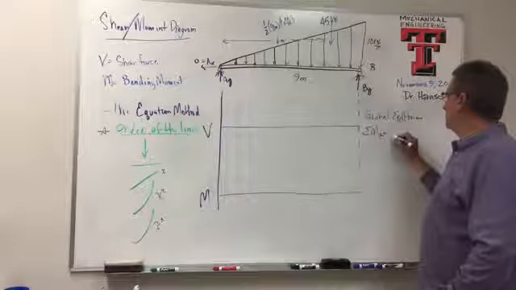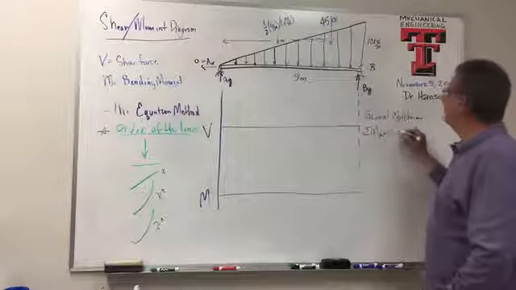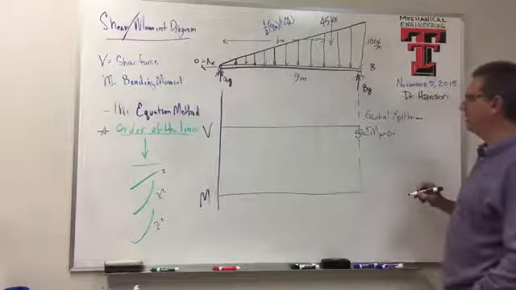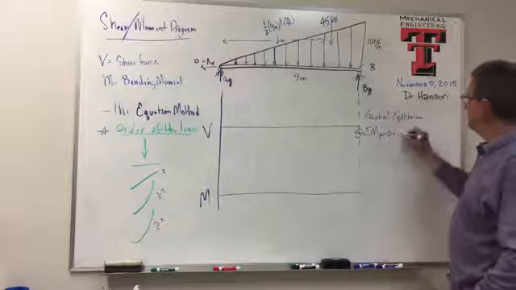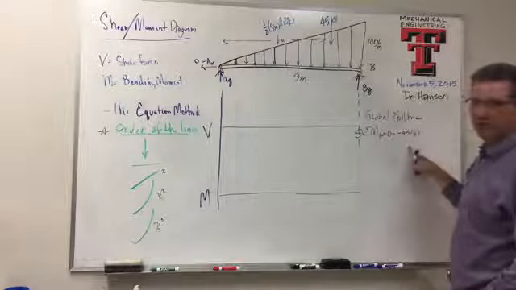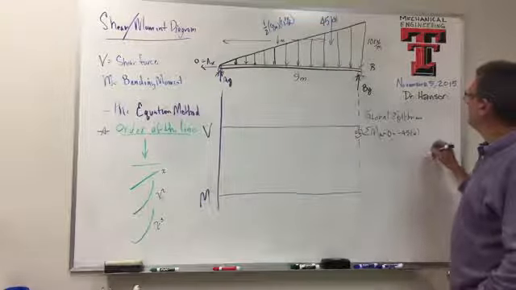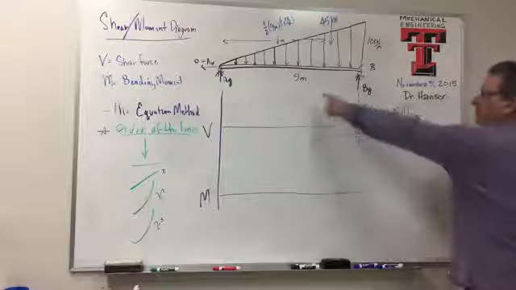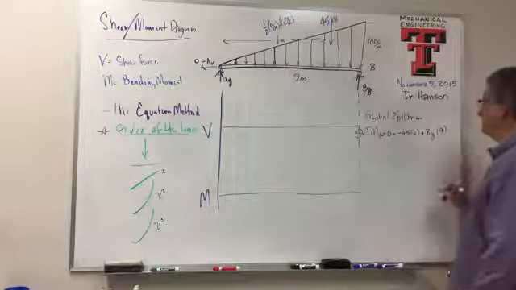So the sum of the moments about A equals 0 equals, let's call it, remember, here's our reminder that that's the positive direction, negative 45 times 6, we should be getting good at this by now, plus By times 9, okay?